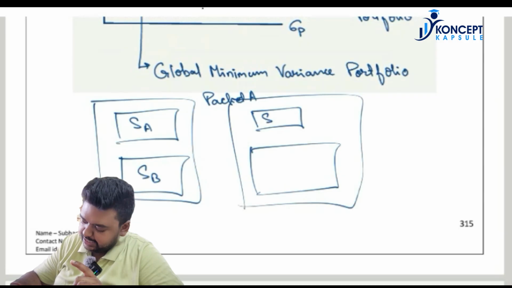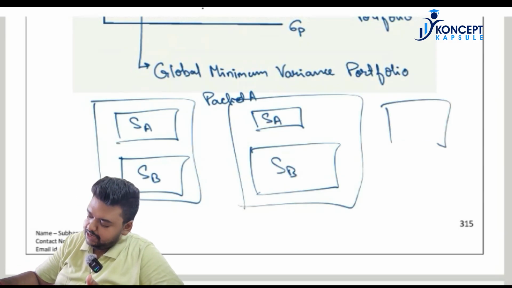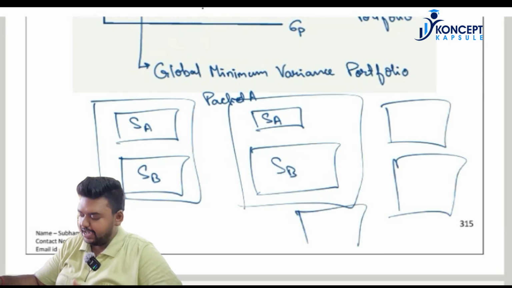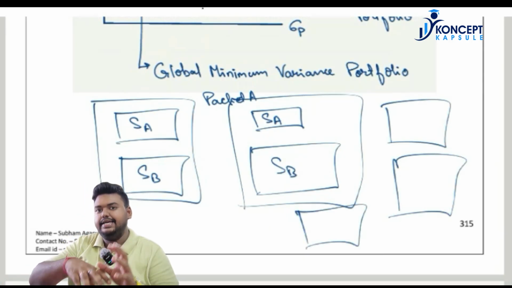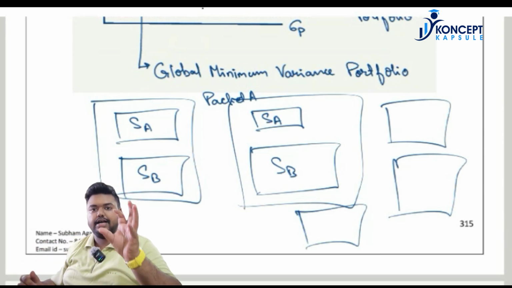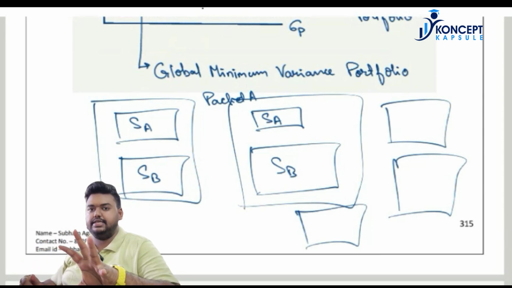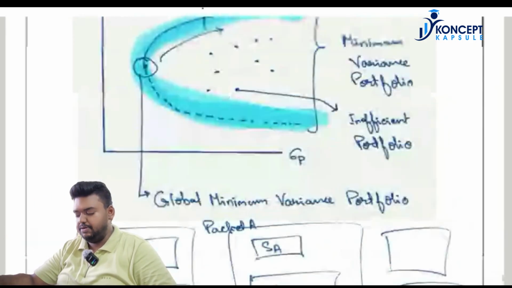For example, SB can be higher, SA can be lower, they can be equal, or SA can be higher. But SA and SB will never change to SA and SC or SB and SD. The content of the packet will remain the same whenever we are talking about the efficient frontier.